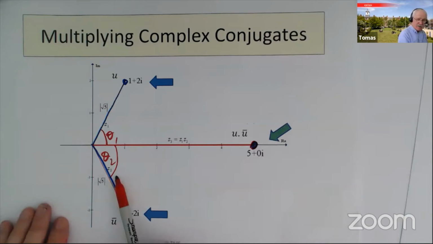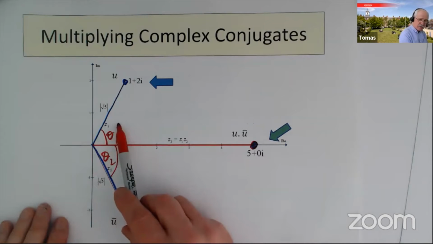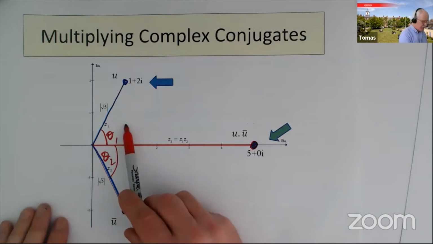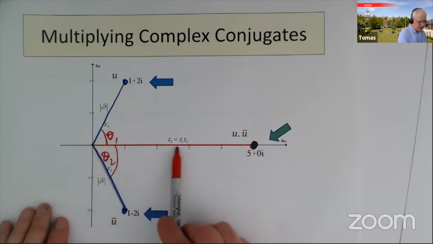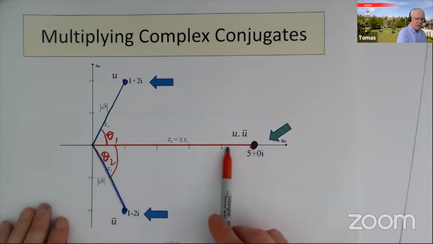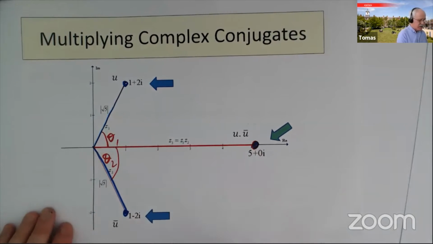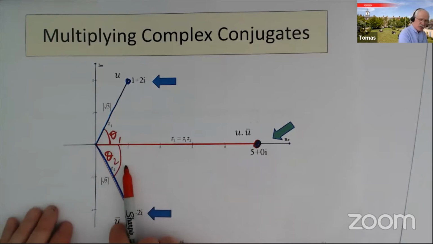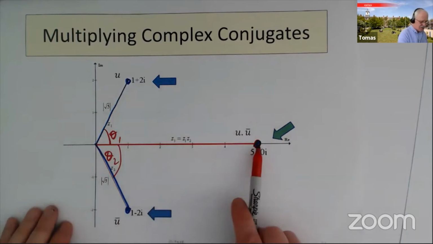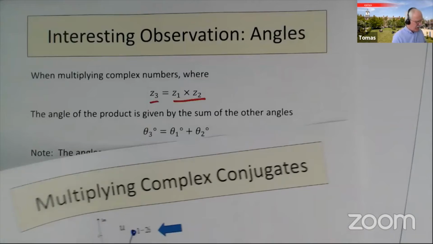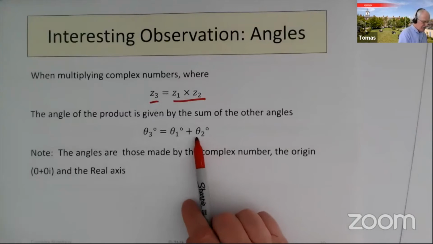So if this was minus 60 degrees and that was plus 60 degrees, minus 60 plus 60 would make it exactly on the horizontal, on the real line. So the angles would actually cancel in that way. That's why, when you multiply the twins or the complex conjugates together, you end up on the real line. So that was a nice observation that they found.